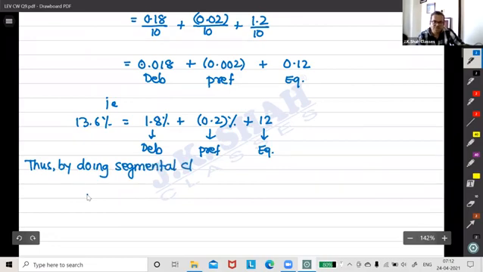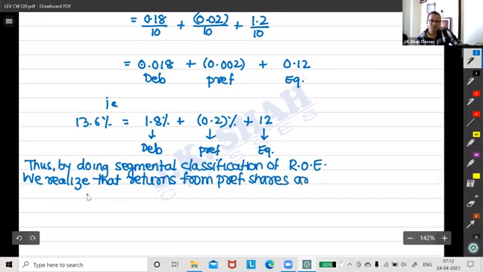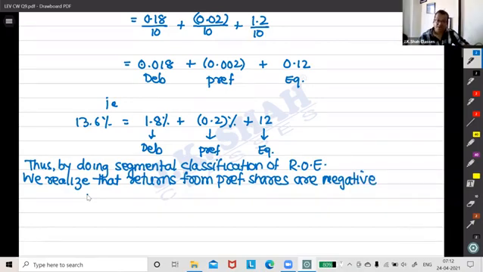Thus, by doing segmental classification of ROE, we realize that returns from preference shares are negative. Correct? Returns from preference shares are what? Negative.